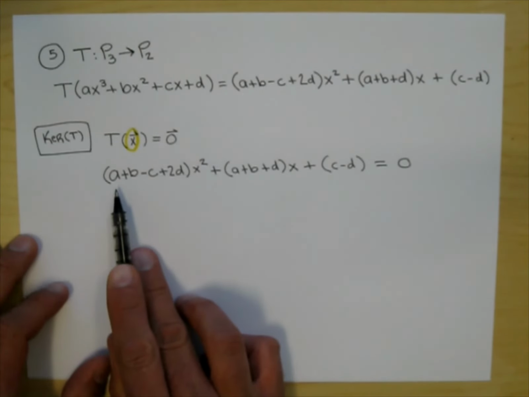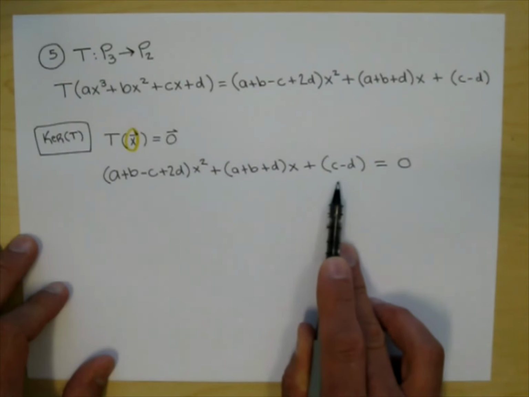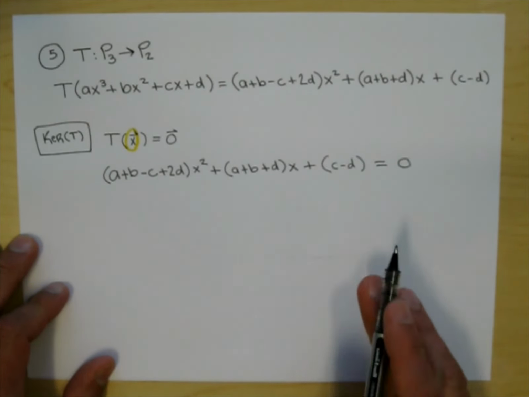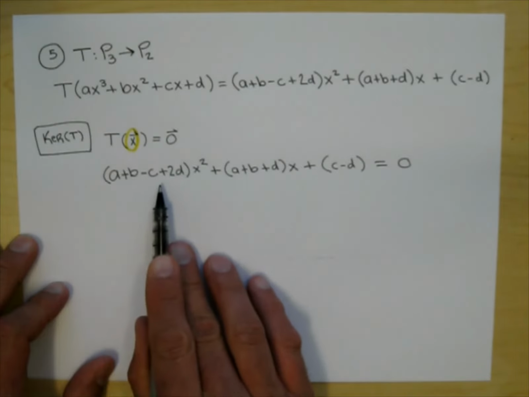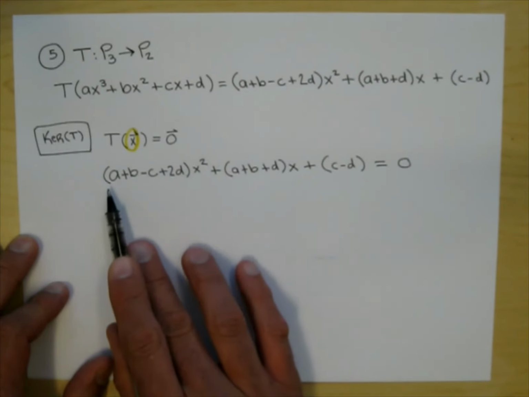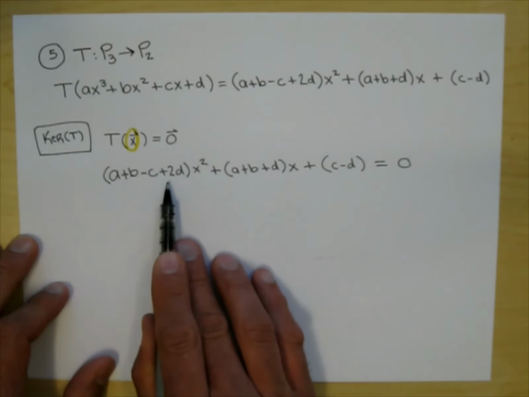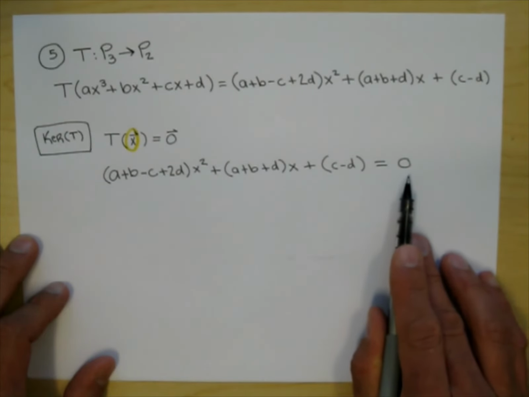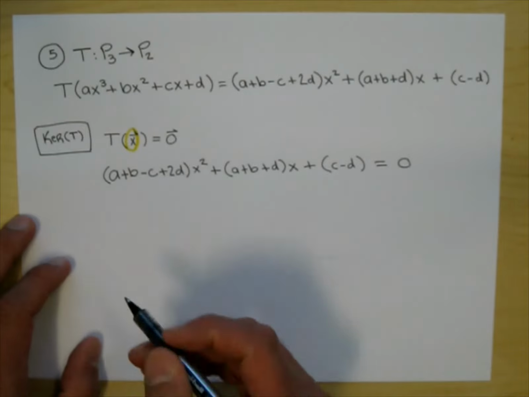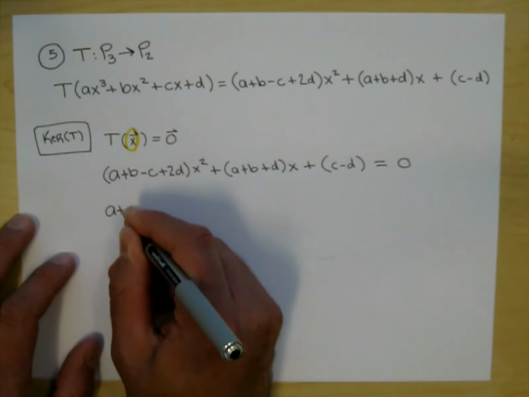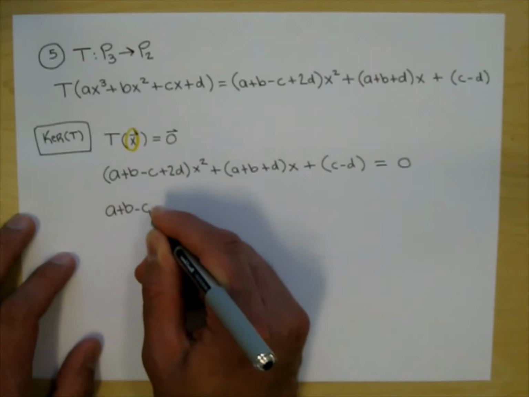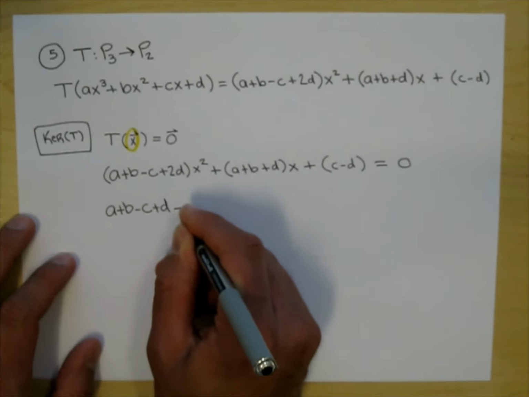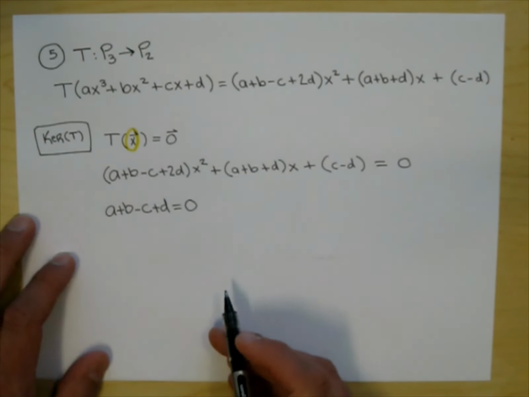Now in order for this equation to be legitimate, the coefficient in front of this x squared here, a plus b minus c plus 2d, has to equal the coefficient of that x squared, which is just 0. So a plus b minus c plus 2d must be 0.